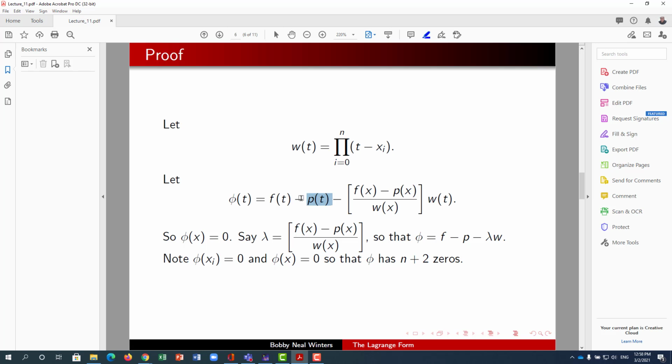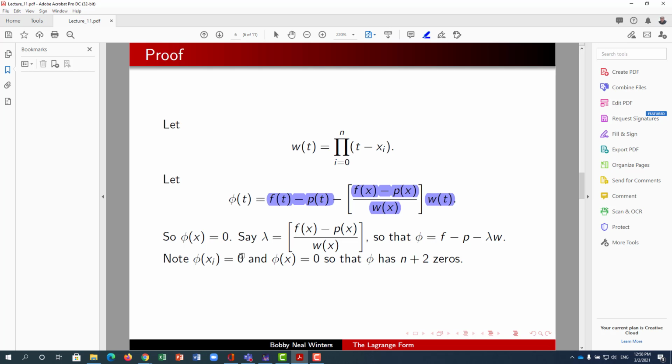I'm going to define then a function phi of t to be f of t minus p of t. So this is the difference between our function and the interpolating polynomial at the point t. This right here is just some constant, with a parameter x in it, and then this w of t is that function up there.